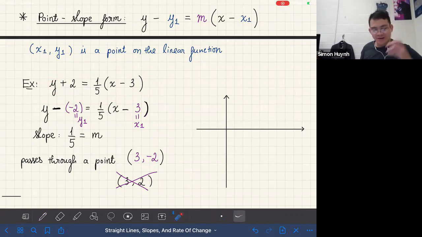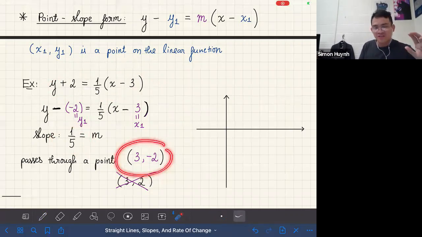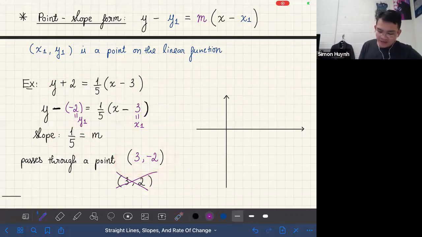And again, now we have the slope, and we also have a point on this graph, so we can graph it. So let's start with the point x equal 3, y equal -2. So 3 is here, -2 over here. So this is the point 3, -2.